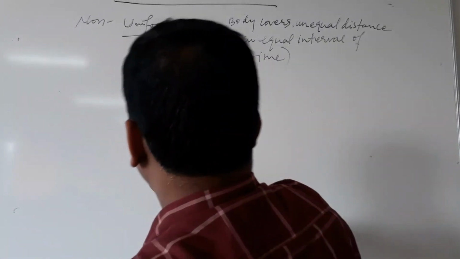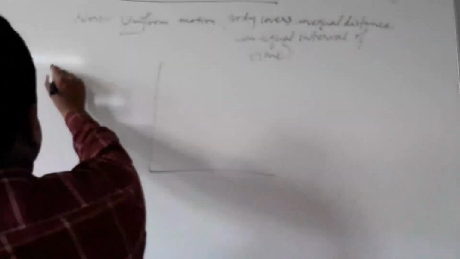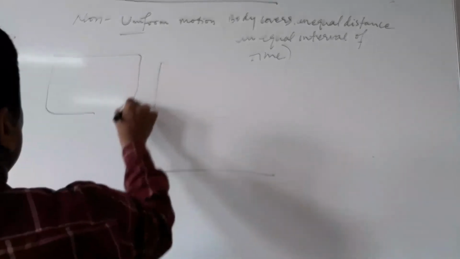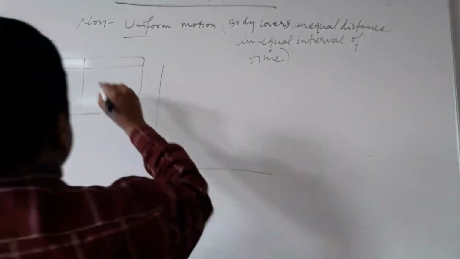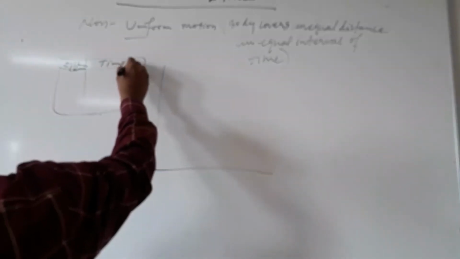You just draw graph for the non-uniform motion. Draw x-axis, y-axis. Here also you draw one table. One side here distance in kilometer, time in hour.